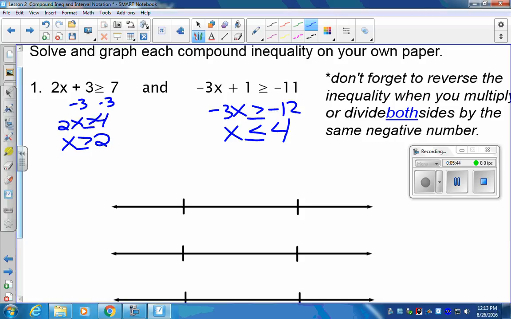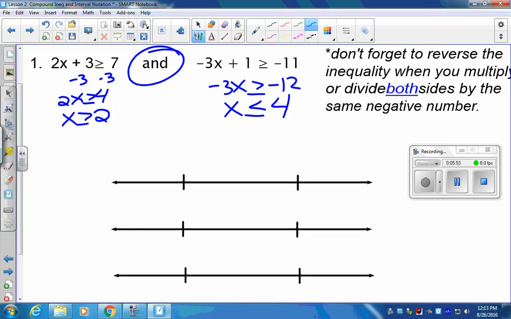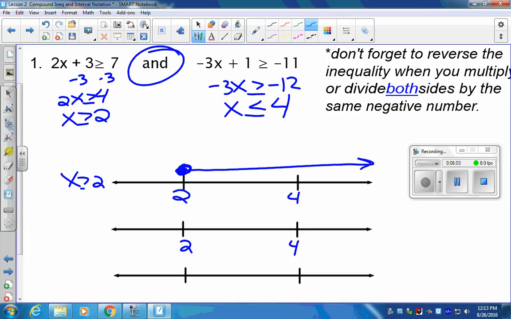Now this is an and statement, so I'm looking for where they're overlapping each other. I'm looking for the intersection. So let's go ahead and graph one at a time. If I'm graphing x is greater than or equal to 2, 2, shade to the right. X is less than or equal to 4, 4, shade to the left.